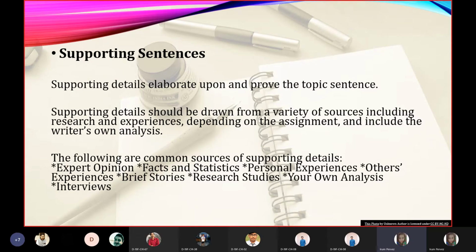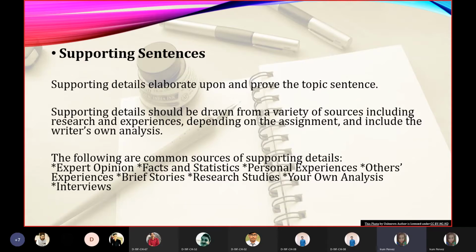Supporting sentences are written in order to assist or support the topic sentence. They are called supporting sentences because they support it. Whatever we say in the topic sentence, supporting sentences elaborate those ideas, give details about them, and explain them.